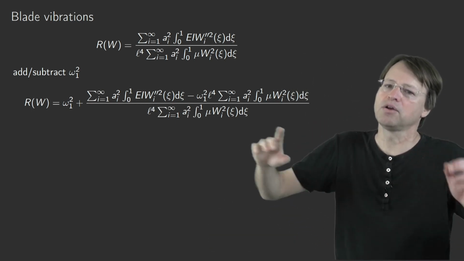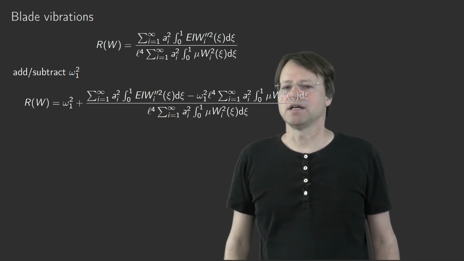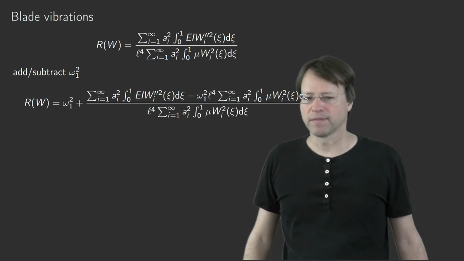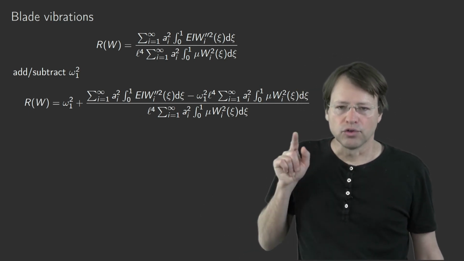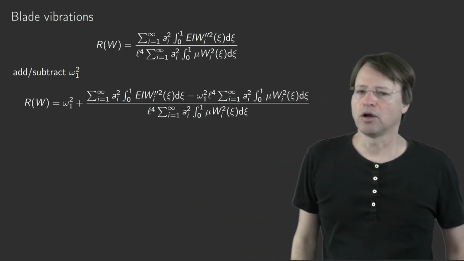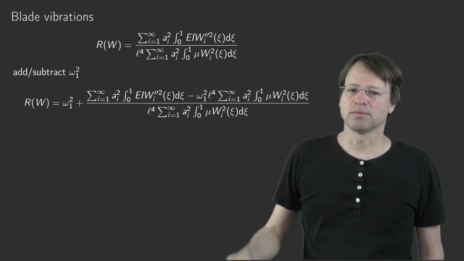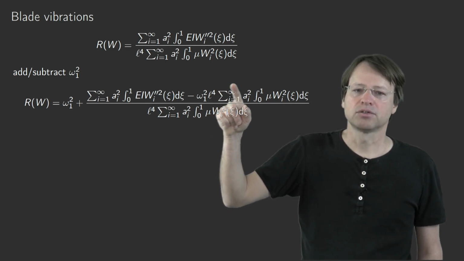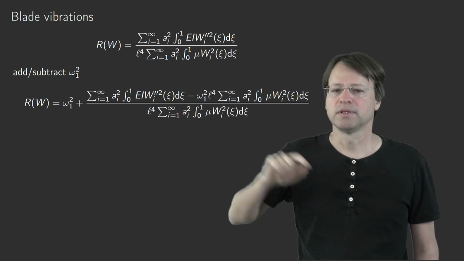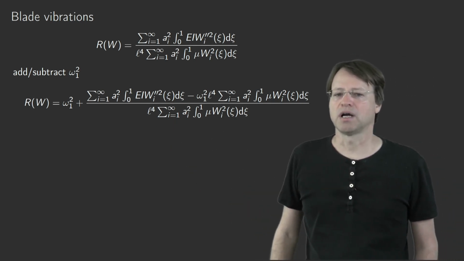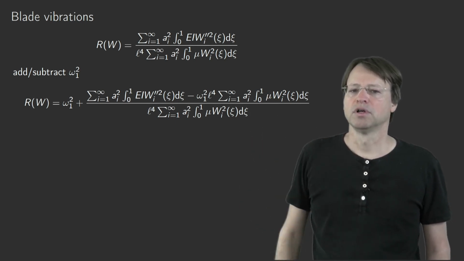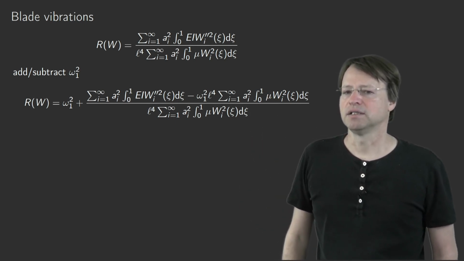So if all the coefficients A sub i are 0 except for the first one, A1, which should then be equal to 1. So first of all, let's see that I added omega 1 squared, but that I also subtracted omega 1 squared. Well, you can see that this term here corresponds to the denominator, L to the fourth power, the sum running from i equal to 1 to infinity of A_i squared, integral from 0 to 1 of μ W_i squared dψ.